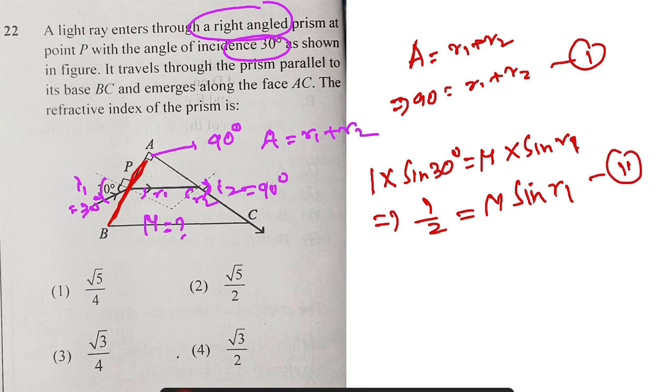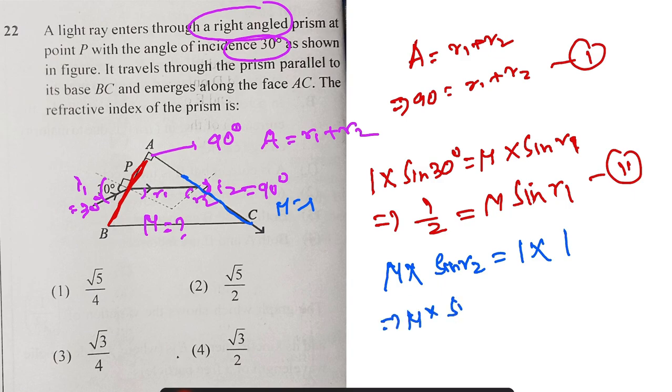For refraction at this surface, Snell's law, mu into sine R2 is equal to 1, that is air, into sine I2, that is sine 90, that is also 1. So mu sine R2 is equal to 1. This is number 3 equation.